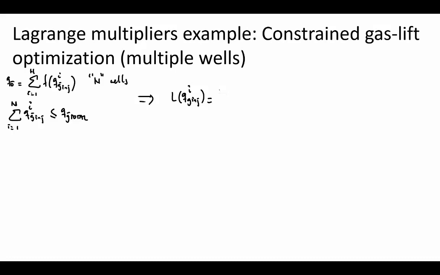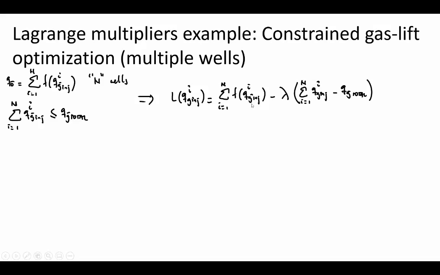Okay, it's a multivariate function, and that will be equal to the sum minus lambda. Okay, we have this sum exactly like what we have done in the previous case, but now the oil rate is simply the sum.